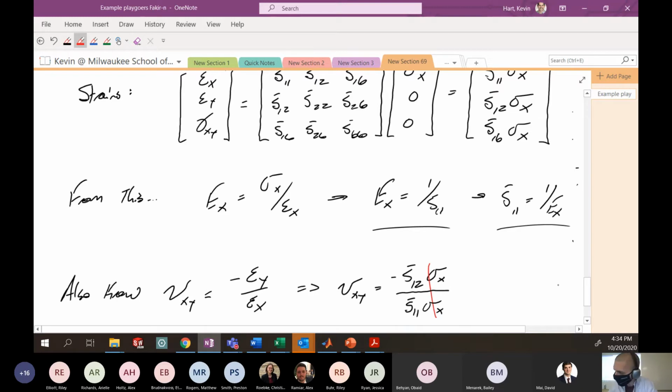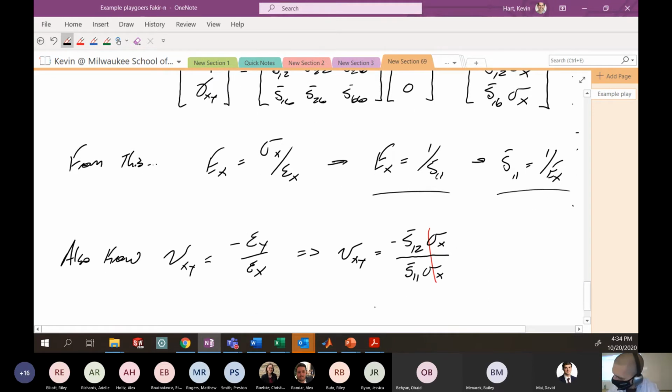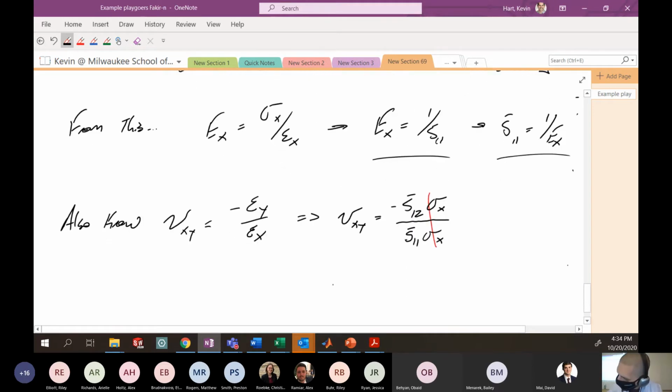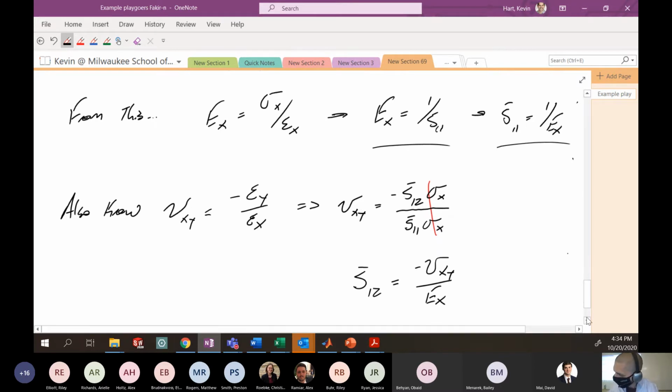These cancel out, and we write S bar 1, 1 as 1 over Ex. Actually, better we do this: you can write S bar 1, 2 is negative nu xy over Ex after a little bit of arrangement. So we have modulus in x. We have Poisson's ratio xy.